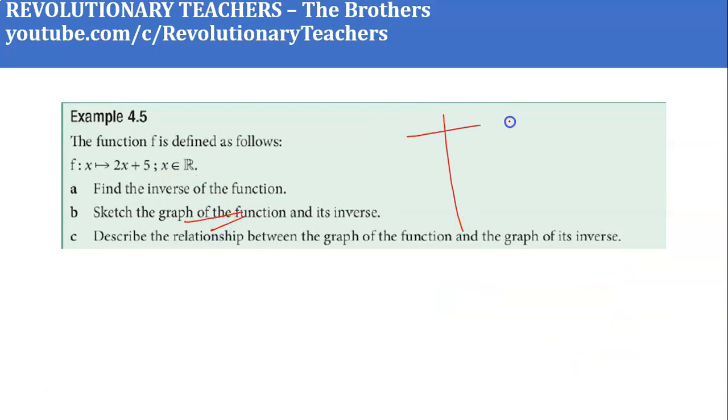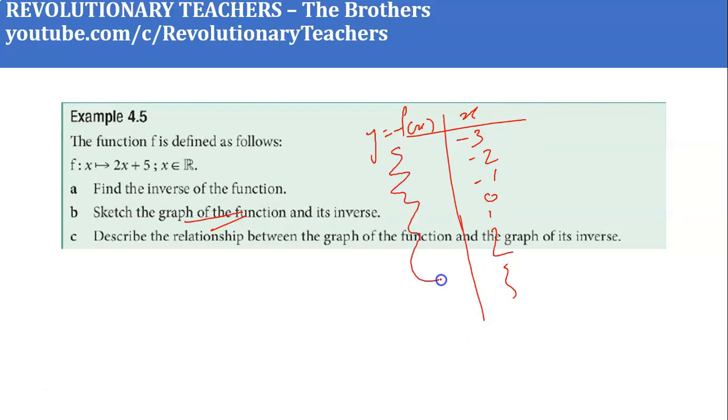Sketch the graph, right? How would you sketch the graph? You'll find the values of f x at different x. Suppose you say minus 3, minus 2, minus 1, 0, 1, 2, 3. You will get the values of f x over here, and that will be considered as y while plotting the graph. Suppose I substitute x equals minus 3. So 2 into minus 3 is minus 6. Minus 6 plus 5 is minus 1.